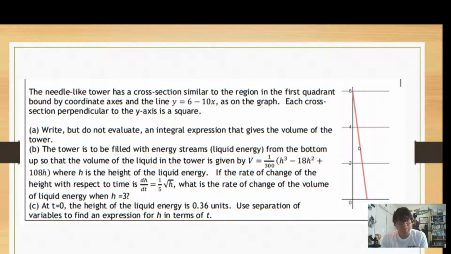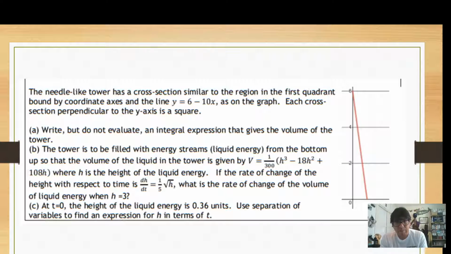So here are our problems. A: write but do not evaluate an integral expression that gives the volume of the tower. B: the tower is to be filled with energy streams, which is liquid energy. Just think water and you'll be fine. It's going to be filled from the bottom up so that the volume of liquid in the tower is given by this polynomial expression, 1/300 h cubed minus 18h squared plus 108h, where h is the height of the liquid energy.